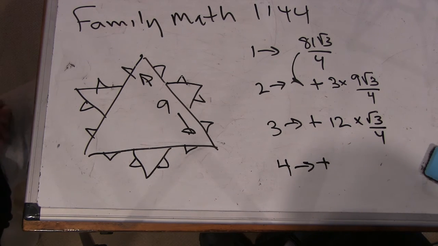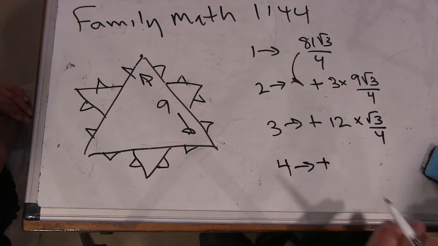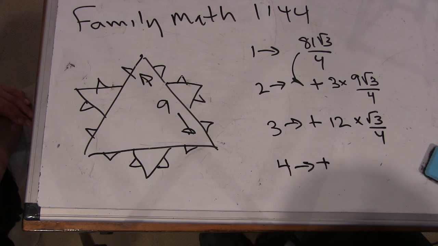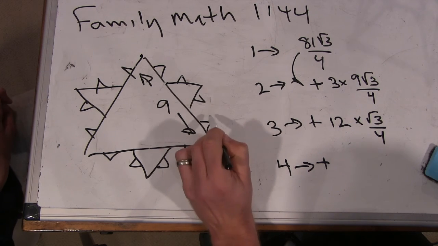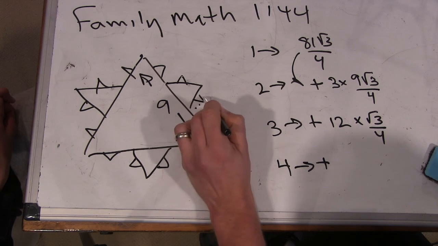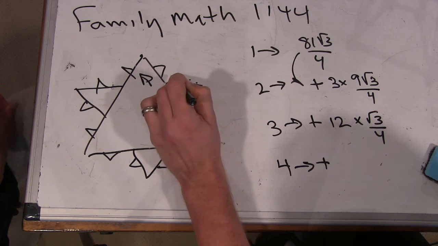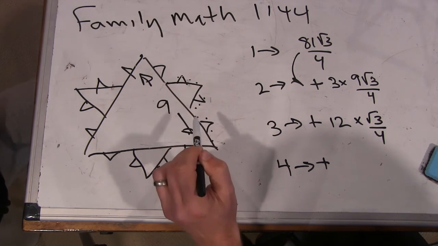So we got our previous area, plus we're going to add on how much here? Well, looks like 48 triangles. Okay, so it'd be 1, 2, 3, 4, 5, 6, 7, 8, 9, 10. You missed this one here.